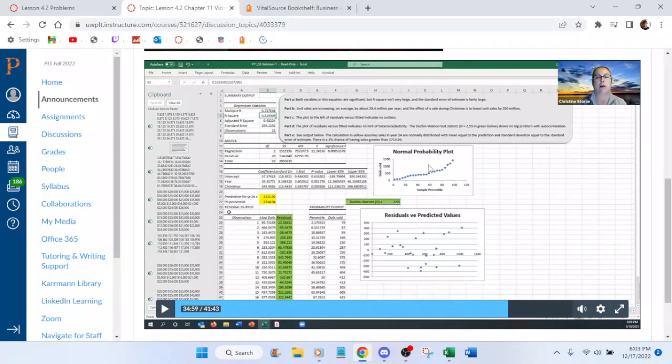Interpret the coefficients. Unit sales are increasing on average by about this much per year, and the effect of a sale during Christmas is to boost unit sales by 350 million.